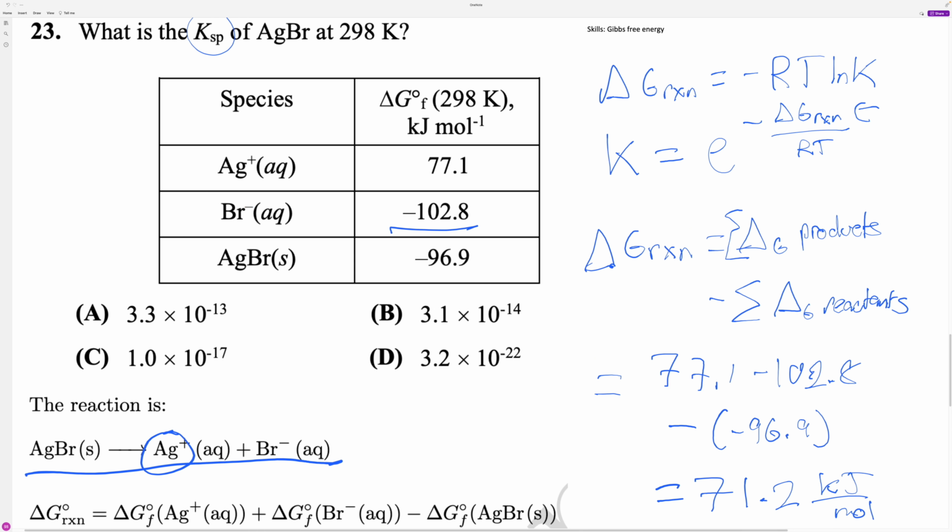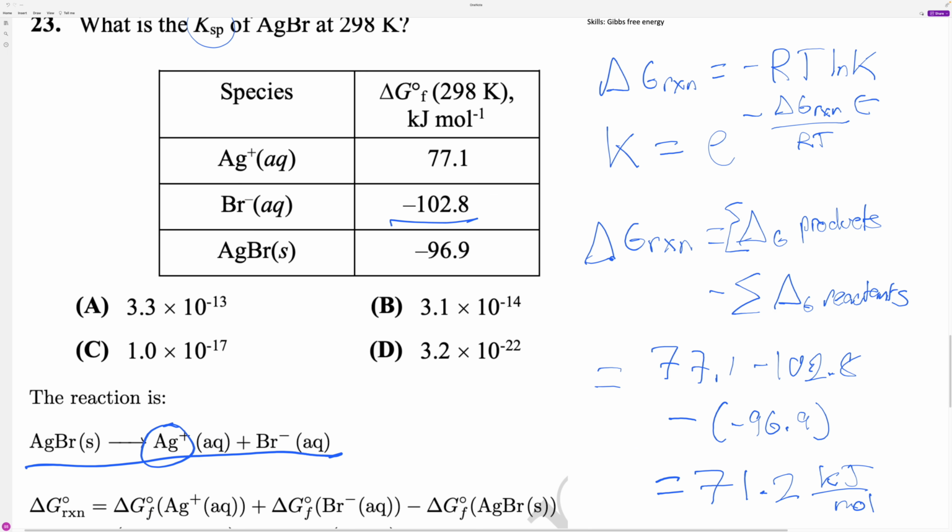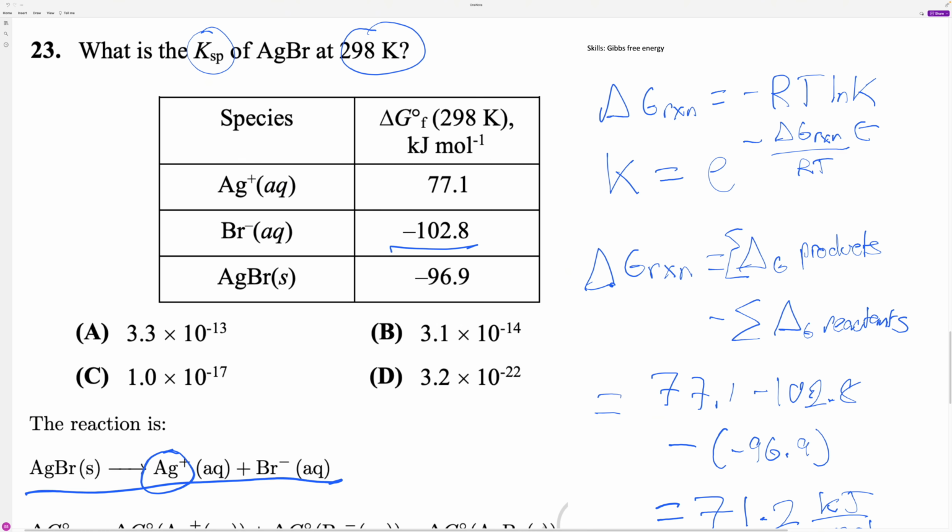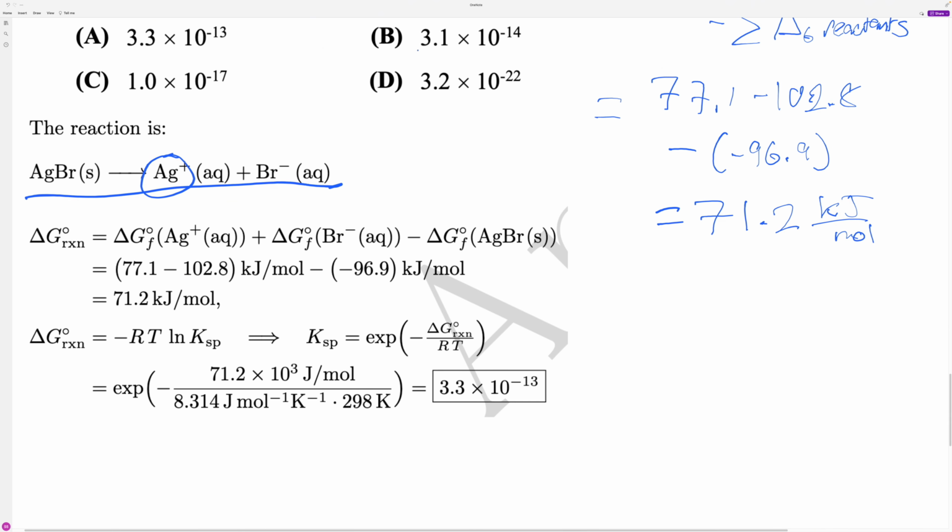The R is just the gas constant, 8.314 joules per mole per Kelvin, and the T value is the temperature given here. I've done the computation down here. Don't worry about this exp, that just means e to the power of all this.